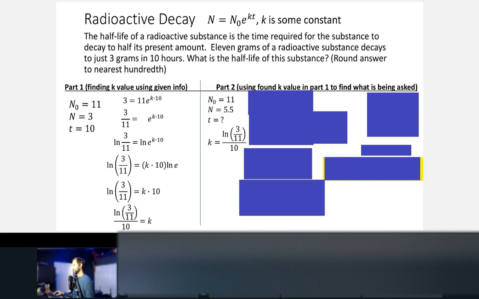All right, so we wrote down we know the starting amount, we know the ending amount, supposed to be half the amount. We know our K value from part 1, and then we're trying to solve for T. So we're going to plug everything in. And you notice my K value is the exact value. I know it seems like a lot to write and kind of annoying. But then we just solve for T. Just like before. All right, what do we do next?